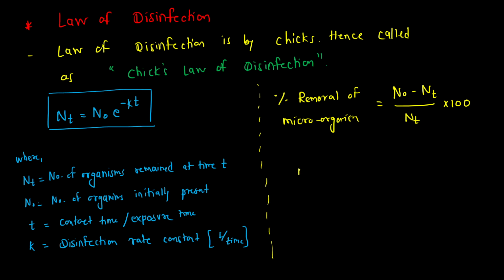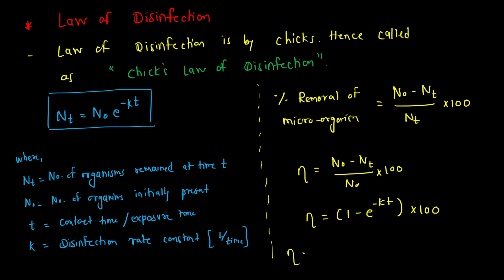So for the efficiency, we can write it as N0 minus Nt divided by N0 into 100. Now we know that Nt is equal to N0 into e to the power minus kt. After solving this, we get efficiency is equal to 1 minus e to the power minus kt, into 100, where eta stands for efficiency of removal. So you can calculate the efficiency of removal now.